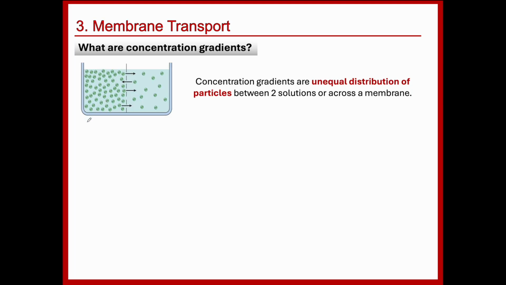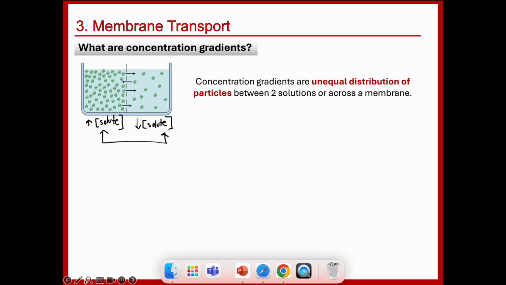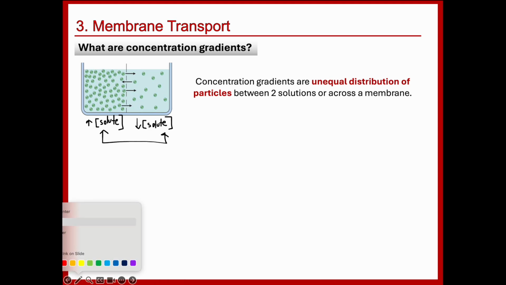I could write a very high concentration of solute on this side. Remember, solutes are the things dissolved in the solvent. And here I have a very low concentration of solute on this side, right? That's a gradient. The fact that there's a difference between these two means that there's a gradient formed here.